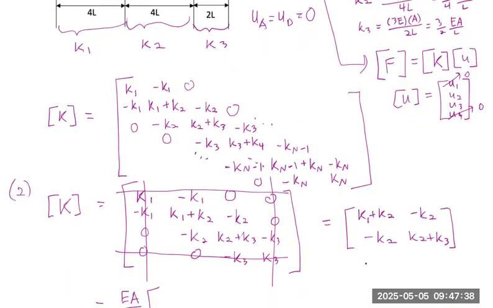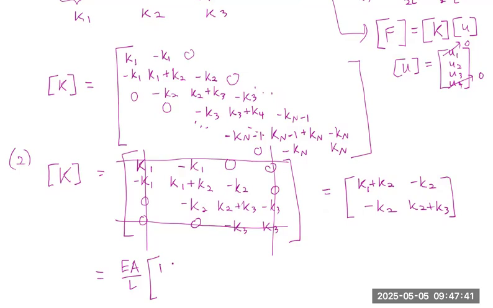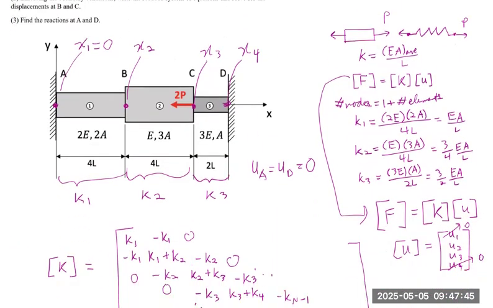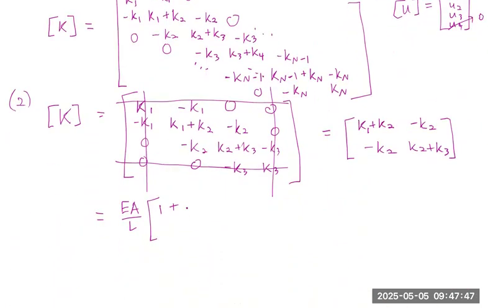So K1 plus K2 is 1 plus 3 over 4, and then we have negative 3 over 2.